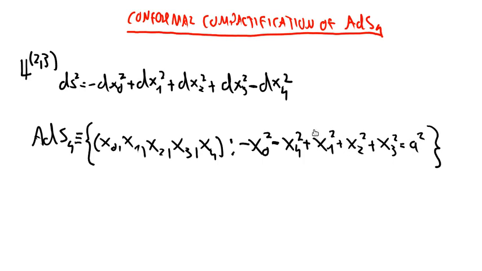And the point is that if you have a set which satisfies this condition in R5, which is just an element of R5, then it can be seen that the topology of this set is just S1 cross R3.